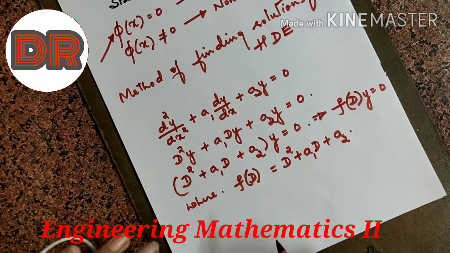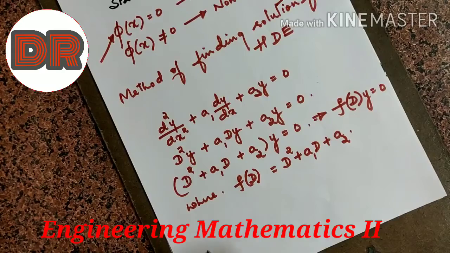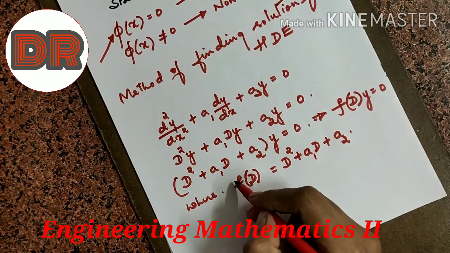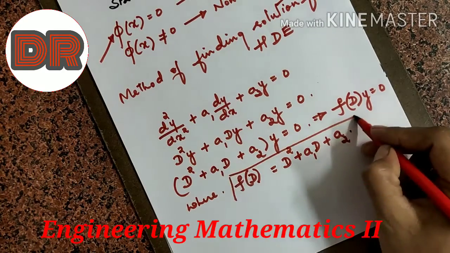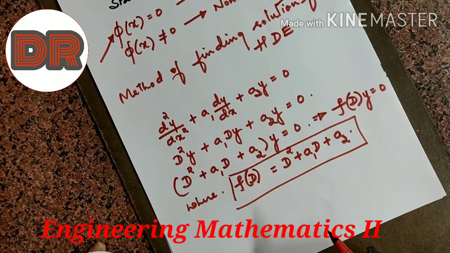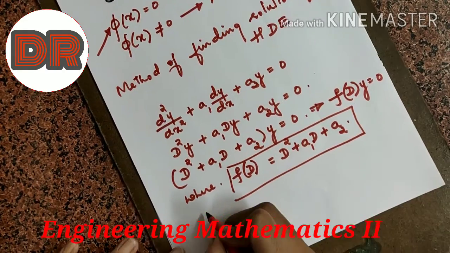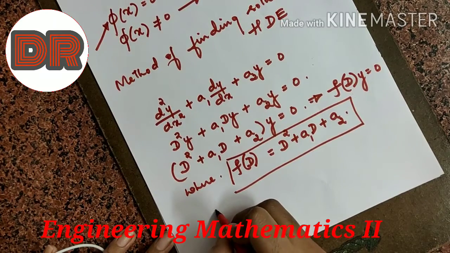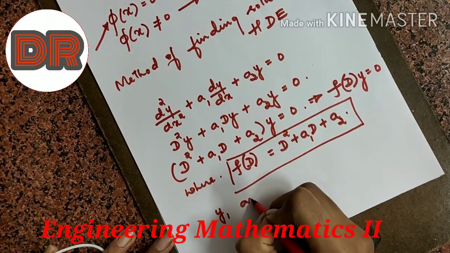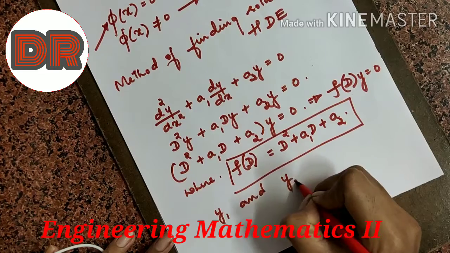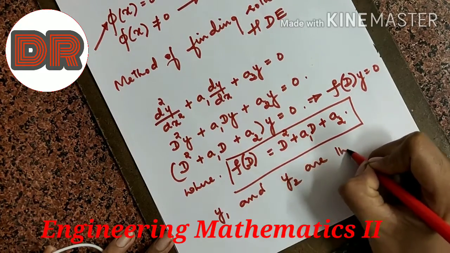Now since it is the second order differential equation, we have an equation which looks like a quadratic equation. So obviously it will have two solutions. So let me take two solutions, one as y1 and the second one as y2.